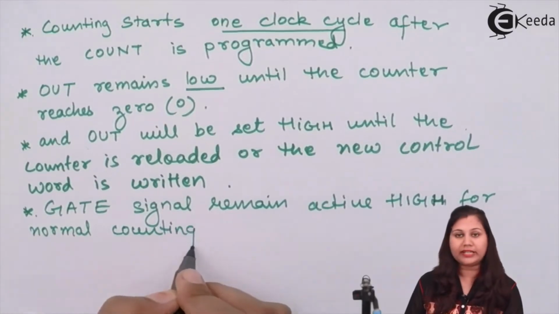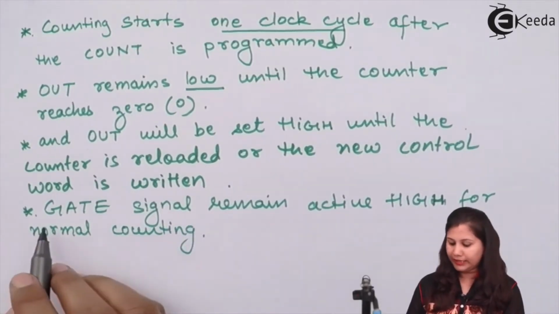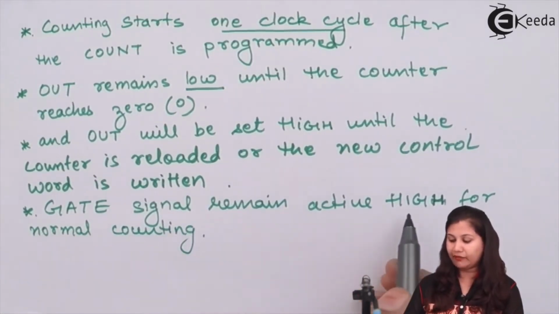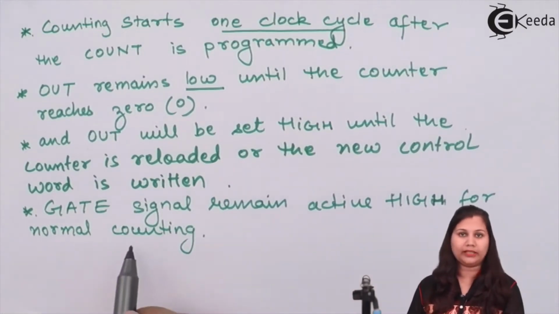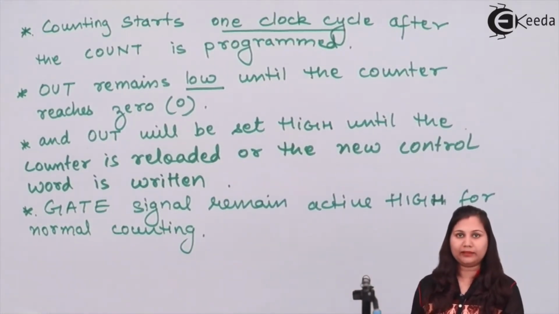Now, what about the gate signal of the counter? The gate signal will remain active high for normal counting. When the counting is being done by the counter, the gate signal should be high. If it becomes low while the counting is being done, then the count value is latched, and when it again becomes high, the counting is again done automatically in the same manner.